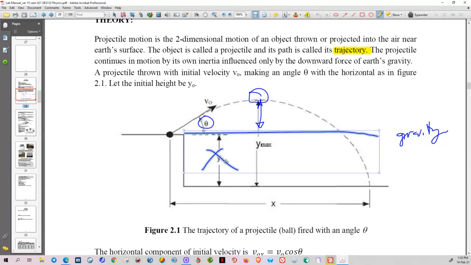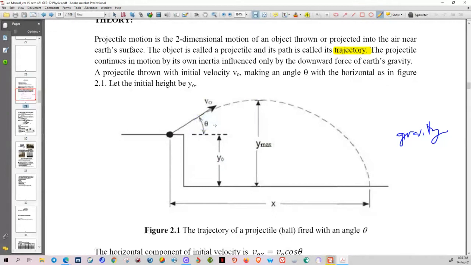But if there is initial height, let's say you go from a mountain and from there you throw a stone, or from the top of your building you throw a stone, okay? You have to add y initial, that means the original height from where you are throwing, to get the total maximum height.